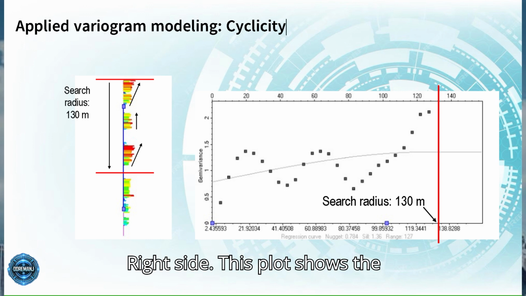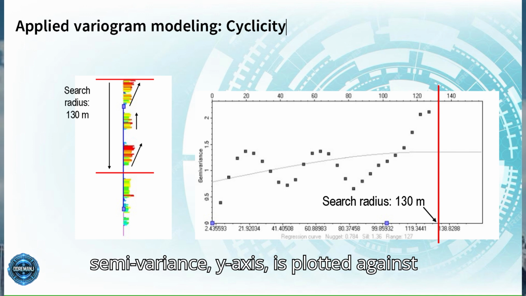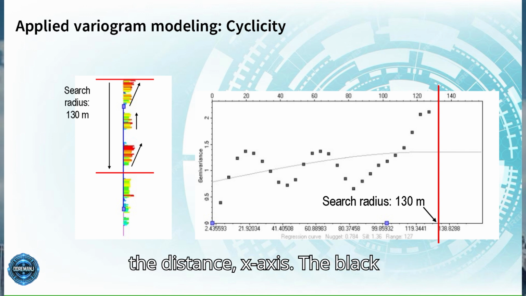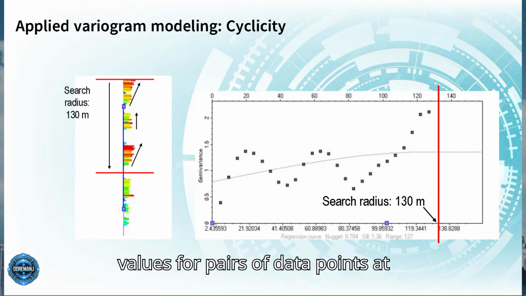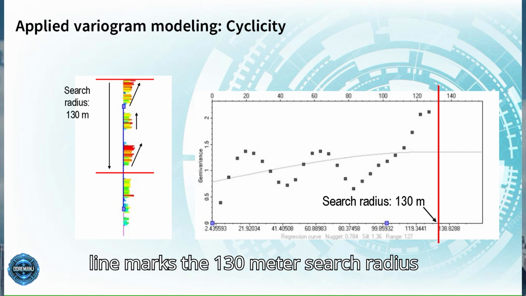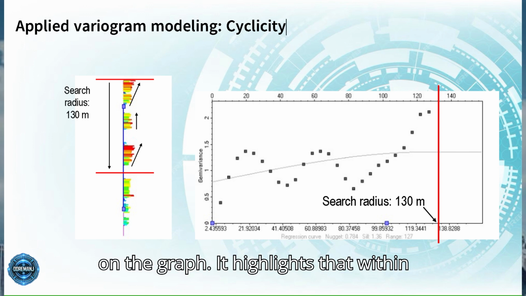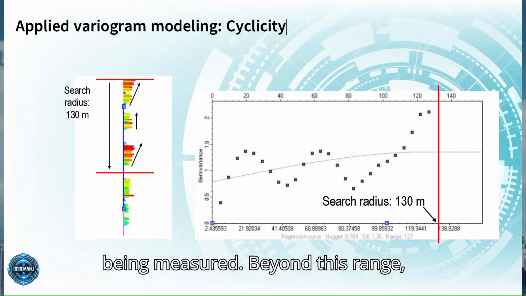Right side. This plot shows the experimental variogram, where the semi-variance, y-axis, is plotted against the distance, x-axis. The black squares are the calculated semivariance values for pairs of data points at different distances. The red vertical line marks the 130-meter search radius on the graph. It highlights that within this search distance, the semivariance is being measured.